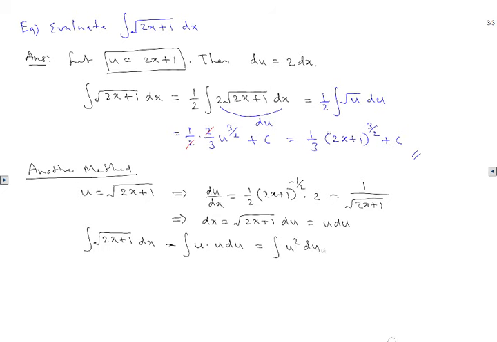Now you can do the integral under this new variable, and you get 1/3 u cubed plus c. Now let's substitute. U is the square root of 2x plus 1, so raised to the power 3 you get (2x plus 1) to the 3/2 plus c.